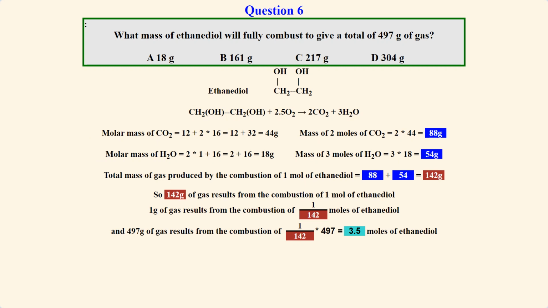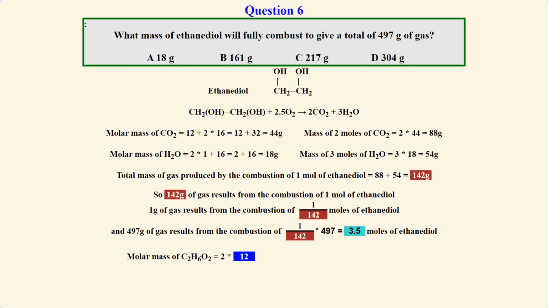But we've got to convert that to mass. So first of all, we need to work out the molar mass of ethane diol. The molecular formula there is C2H6O2. So 2 times 12, the atomic mass of carbon, and now add on 6 times 1, the atomic mass of hydrogen, and 2 times 16, the atomic mass of oxygen.